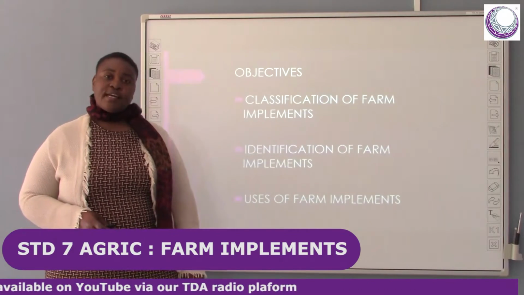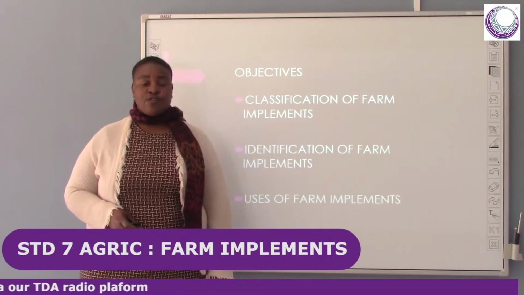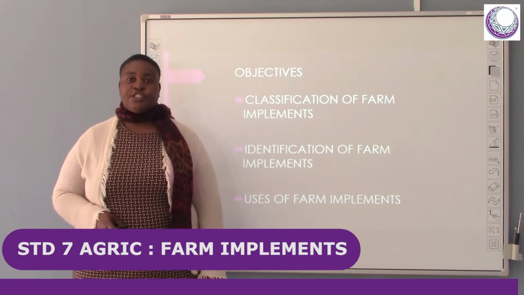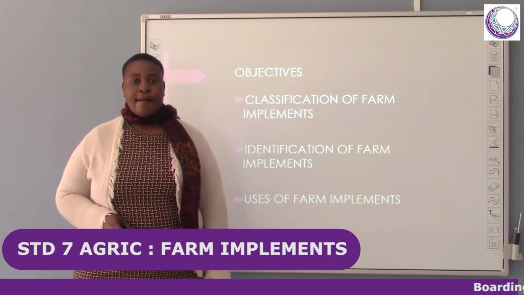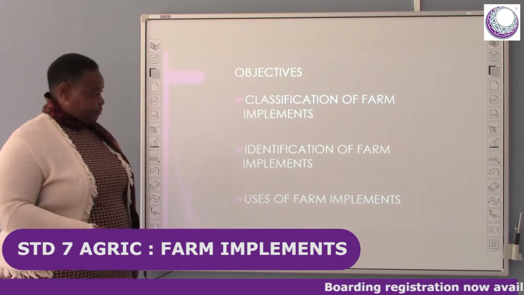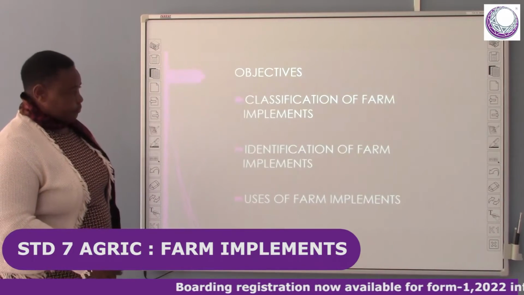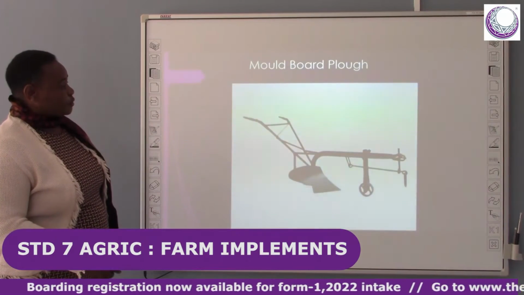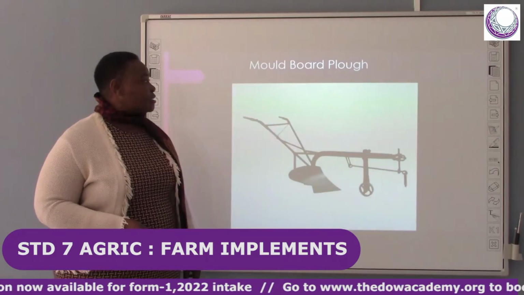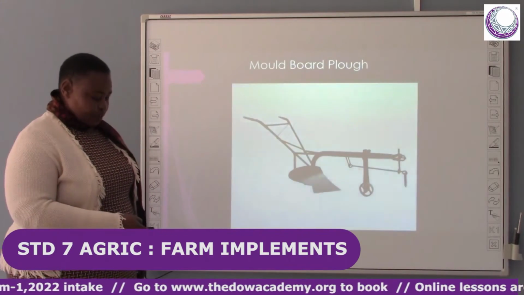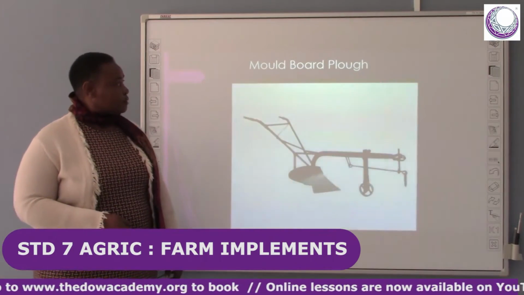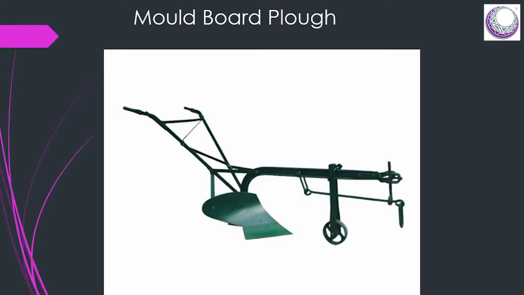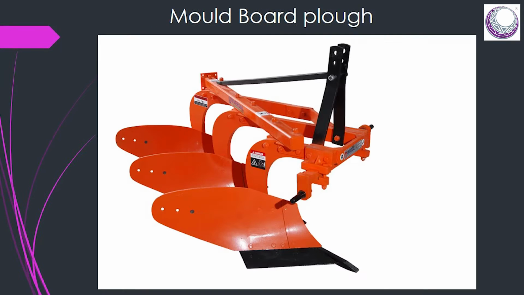We have specific implements which are used for primary tillage, and these are the plows. As you can see, the first one here is a moldboard plow. Then we have another type of moldboard plow.